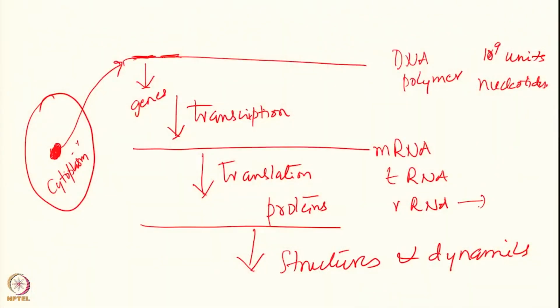But biologically we will be concerned with these macromolecules, which are the DNA segments, then you have the RNA segments, then you have the proteins. The ribosomal RNA is present inside what are called the ribosomes, and these are the machines where the proteins are synthesized.